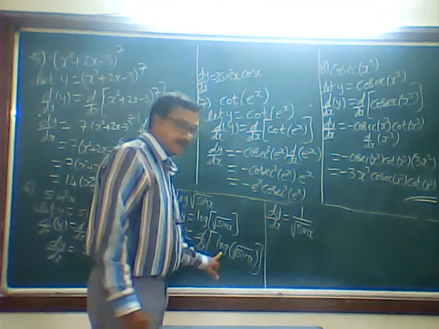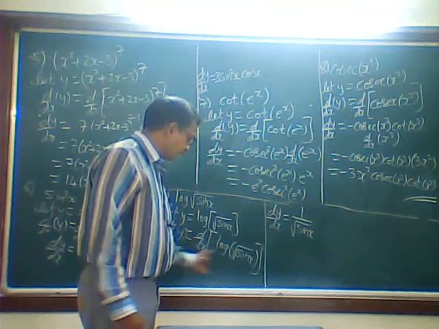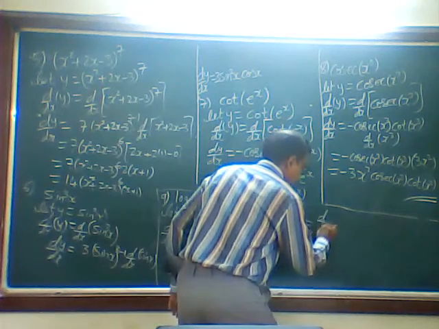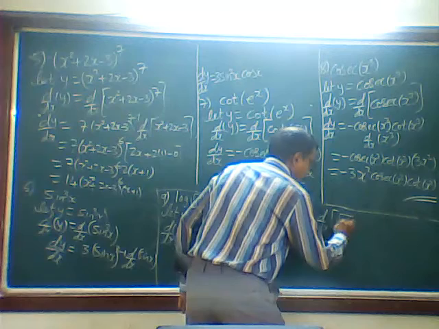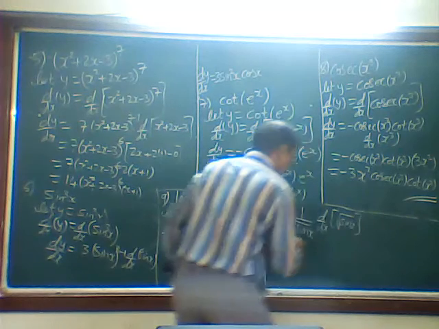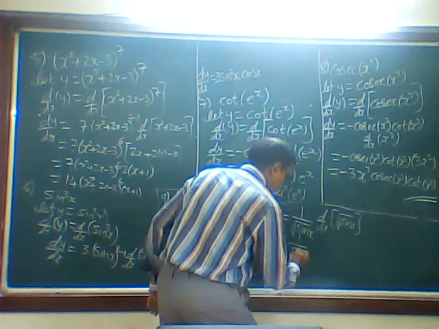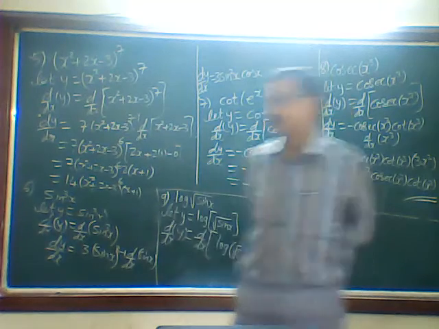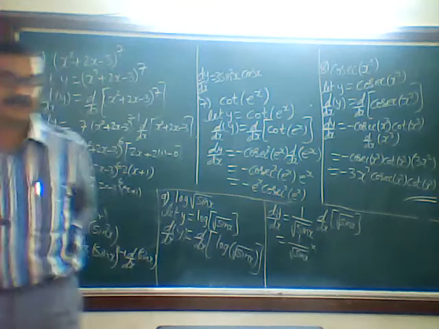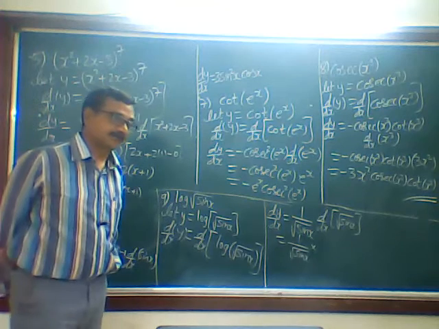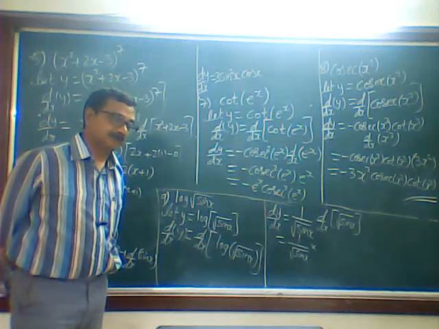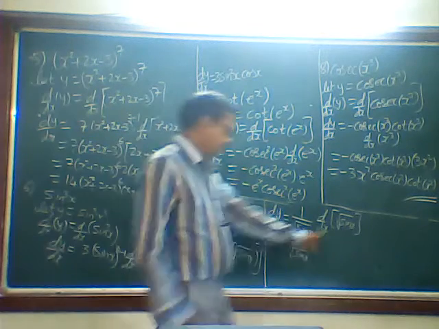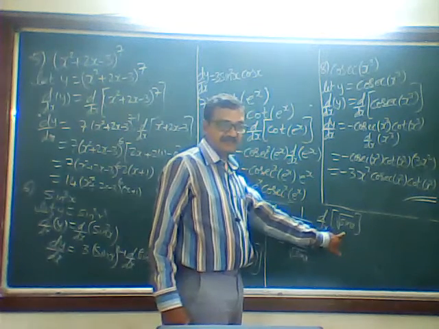Then log differentiation is over. D by dx of square root of sin x, this is carried forward. In the formula we don't have d by dx of square root of sin x, but we have a formula for d by dx of square root of x. You think this sin x as your x.